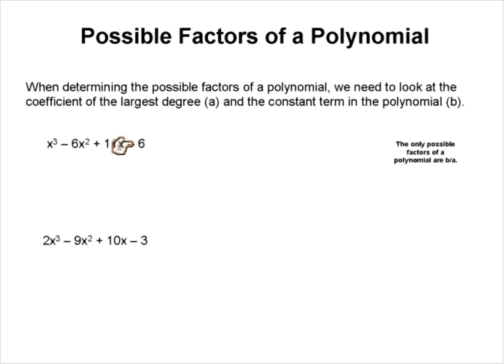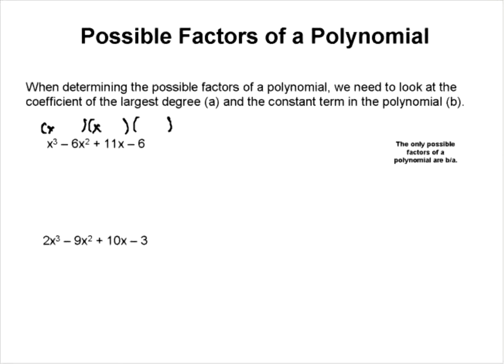But what we're concerned about is if we think about getting this last number 6 here, what we had to do is we had to multiply the terms. So let's imagine that this is factored into 3 terms. So we're going to have one bracket, a second bracket, and a third bracket, because we're going to have a cube here.